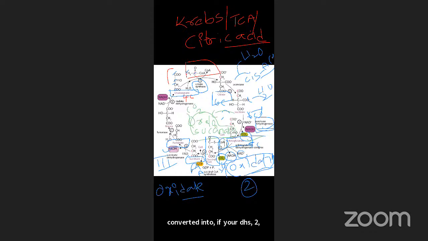In every oxidation process, hydrogen is lost from the substrate, and this hydrogen attached to NAD converts it into NADH2. The same way here, hydrogen is lost from the substrate and attached to FAD, converting it into FADH2. In the first two oxidations NADH2 forms, but in the third oxidation FADH2 forms instead of NADH2. Here the enzyme is succinate dehydrogenase.